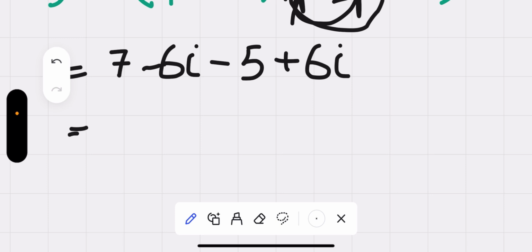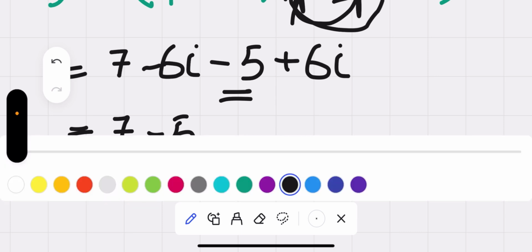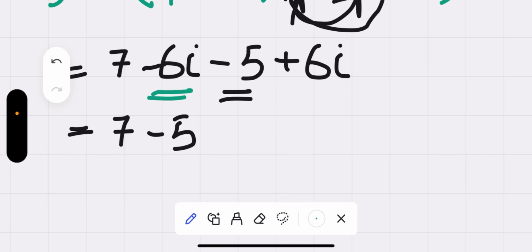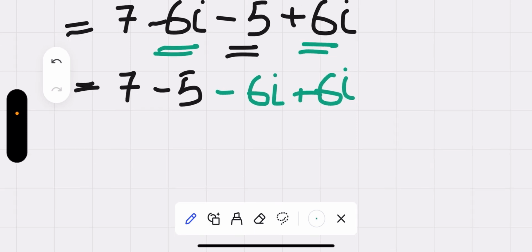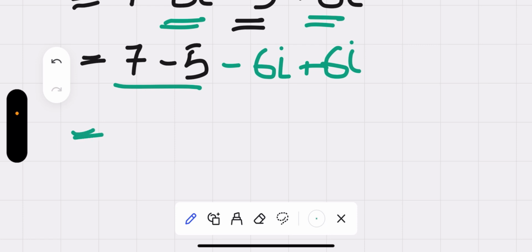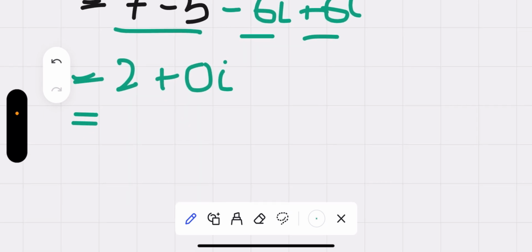We have 7, a real number, and negative 5, and then we have the imaginary number, negative 6 iota, and this is positive 6 iota. 7 minus 5 gives 2, and negative 6 iota and positive 6 iota gives 0 iota, so we can write it in the form of 0 iota, or we can write 2. Both are correct answers.